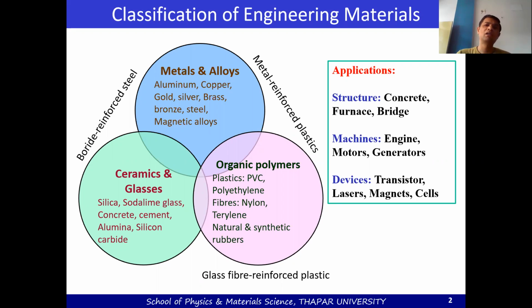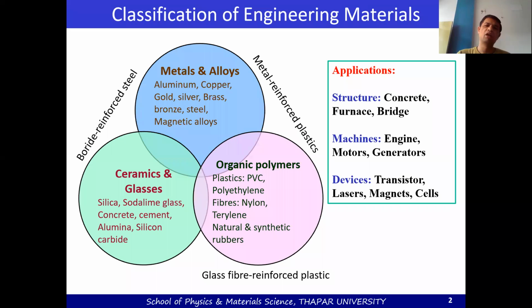The third class, based on the applications of the engineering material, is called device, which is a relatively new class. In this category, we have semiconductor devices like transistors, lasers, magnets, cells, or all kinds of sensors. So all your electronic devices basically belong to this class.